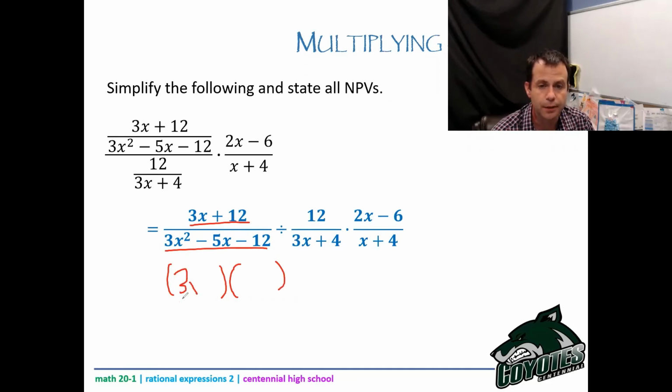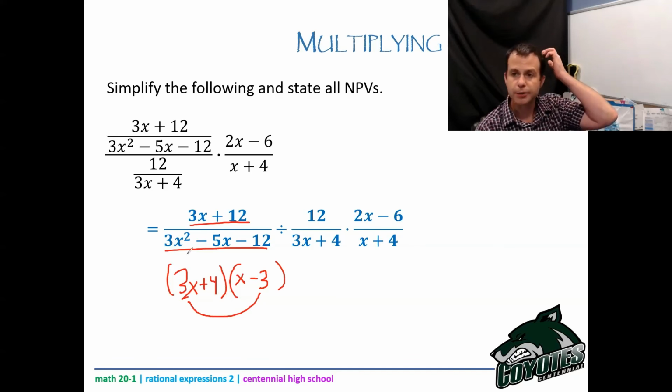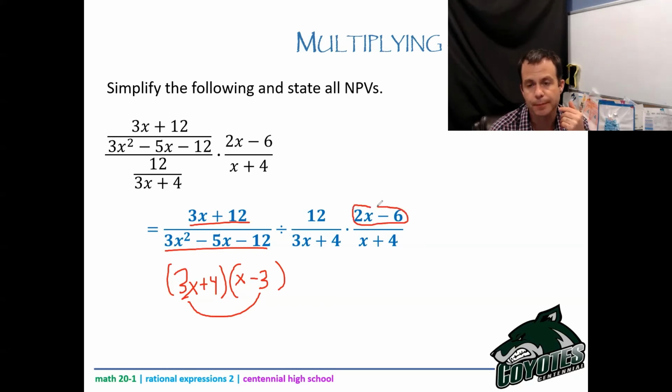So I know I need a 3x and an x. To get my negative 9, that's going to have to be there. So that'll be a negative 3 to get my negative 9. And then my positive 4 will go right there. Okay, so that guy factors into 3x plus 4 times x minus 3. Here, there's nothing to factor. Here, I can take out a 2 and I'd be left with x minus 3. Okay, so that's all my factors.